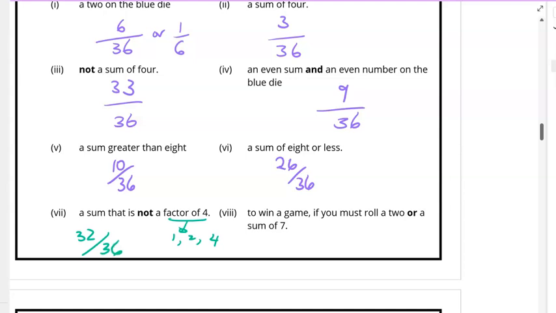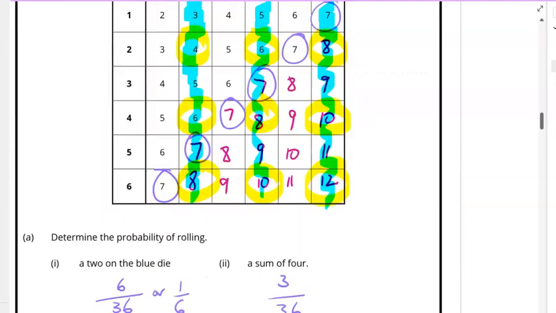And now the last one is a challenge. I don't think I've seen anyone get this right yet. So let's have a look at it. To win a game, you must roll a 2 or a sum of 7.